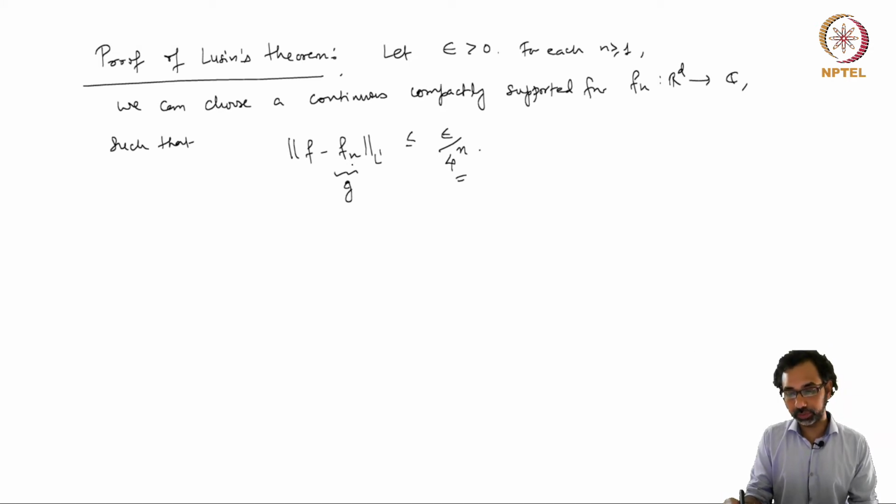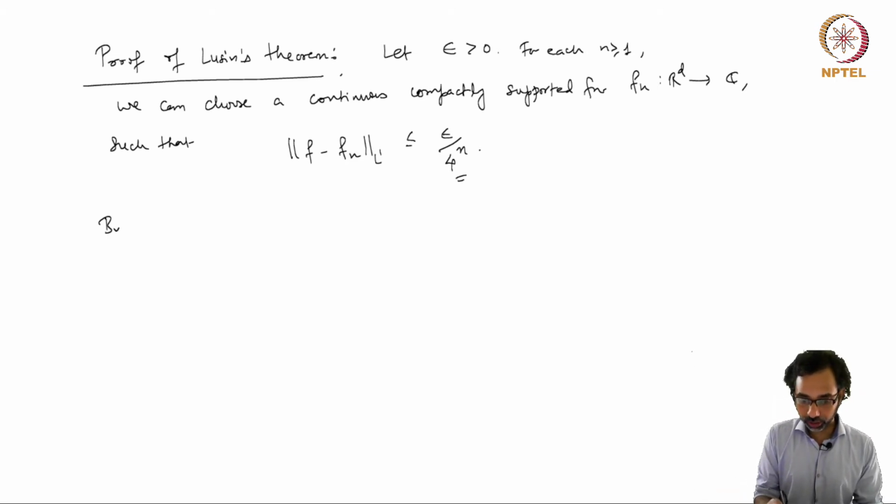So this g, since this depends on n, we have renamed it as fn, and of course we would like our fn to converge to f, so rather than using g's we are using fn's.